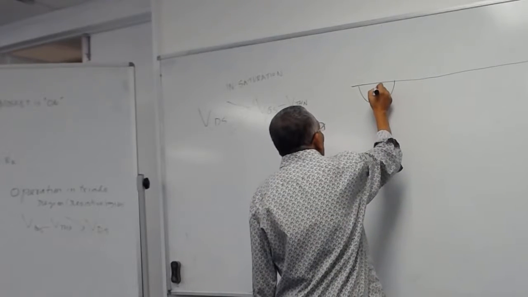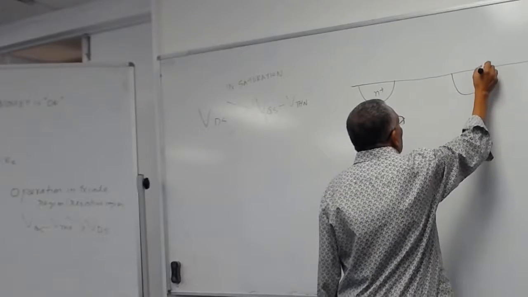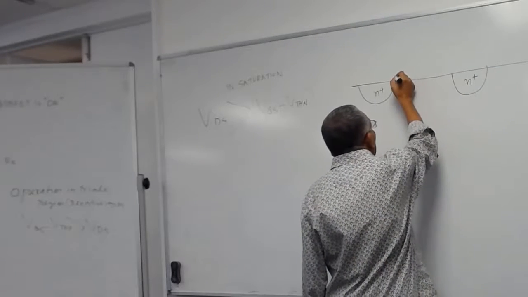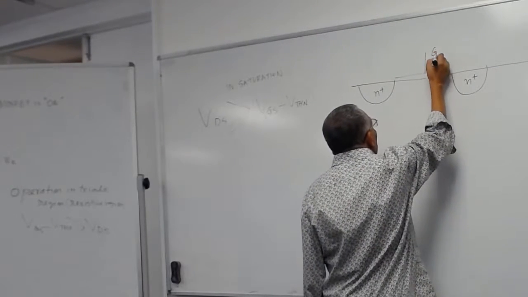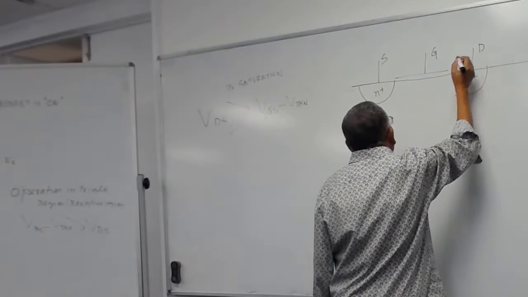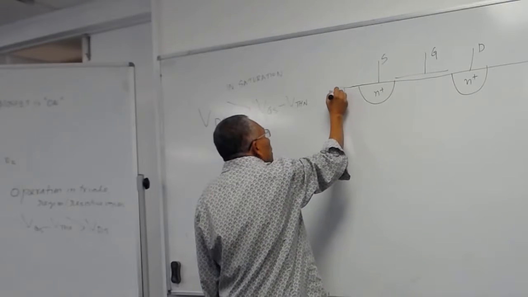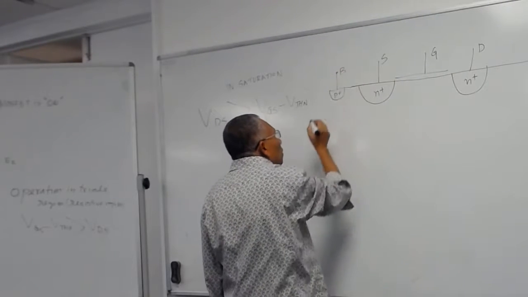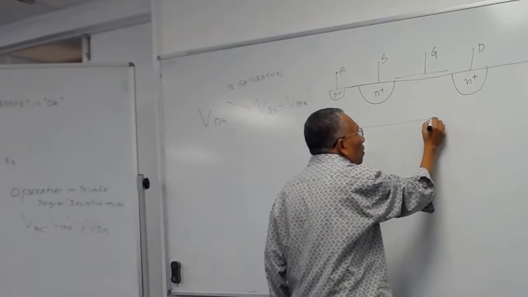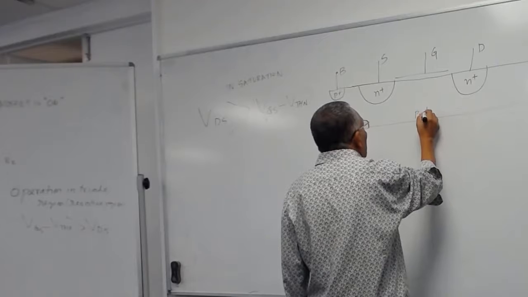This is your N plus diffusion. This is another of your N plus diffusion. This is your gate. This is your source. This is your drain. And this is your P plus body. And this is your substrate. So this is a P-type substrate.